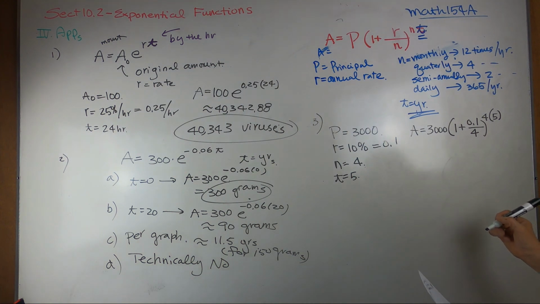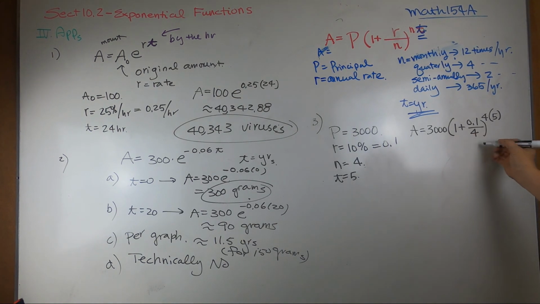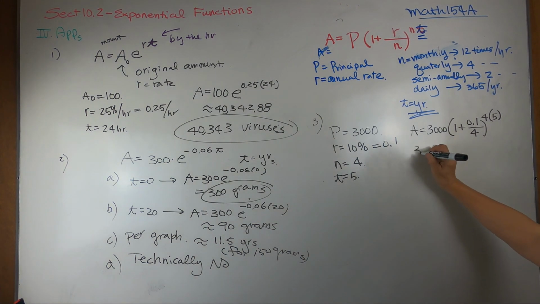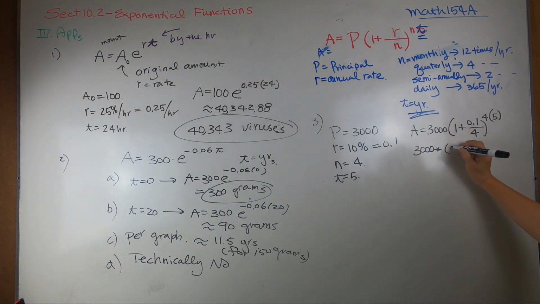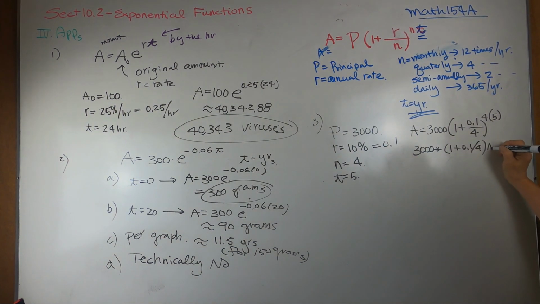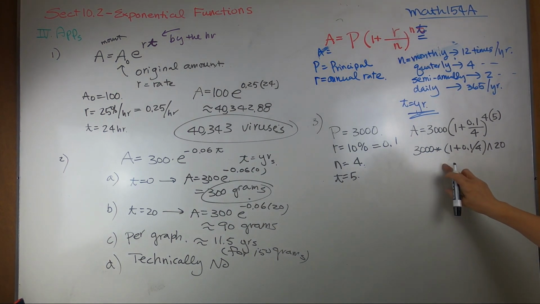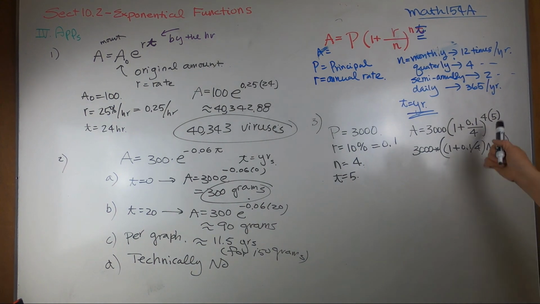How do you do that? You just use a calculator if you can type in the whole thing correctly. So you do 3,000 times 1 plus 0.1 divided by 4, to the power of 20. You do the power first, then the multiplication. If you are not sure, you put in another parenthesis, or you can just work from inside to outside.